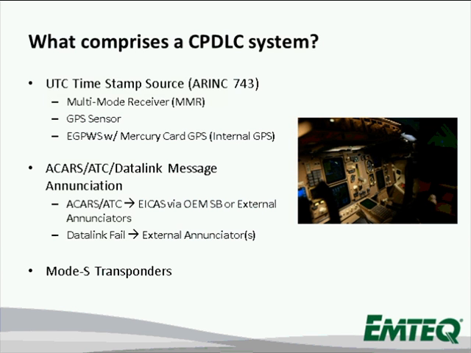Essentially, if the operator is using the CPDL system for both its ACARS or AOC functionality and for the air traffic control data link functionality, you can either have external enunciators, typically LED enunciators installed in the instrument panel adjacent to most of the cockpit displays and in plain view of both crew members, that will tell them if they receive either an ACARS message or an air traffic control message, or there are service bulletins that can be provided for the EICAS to display those same messages.